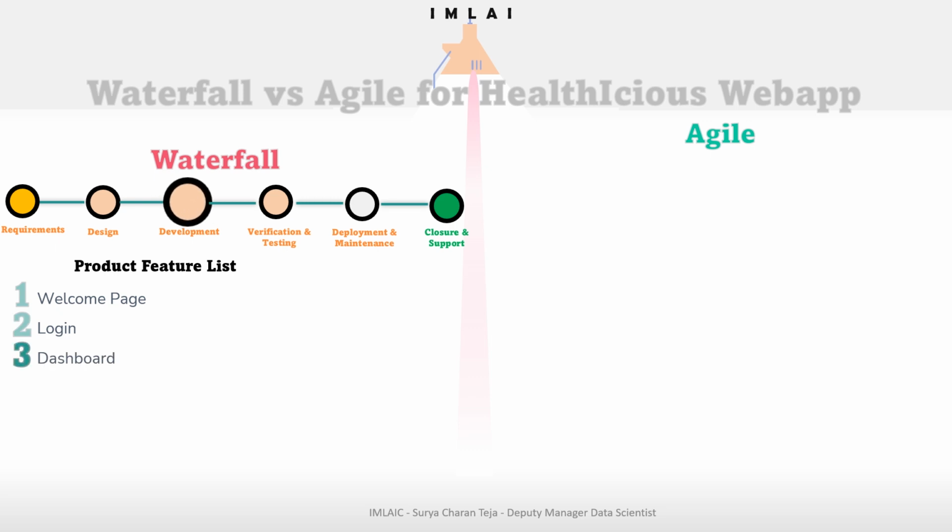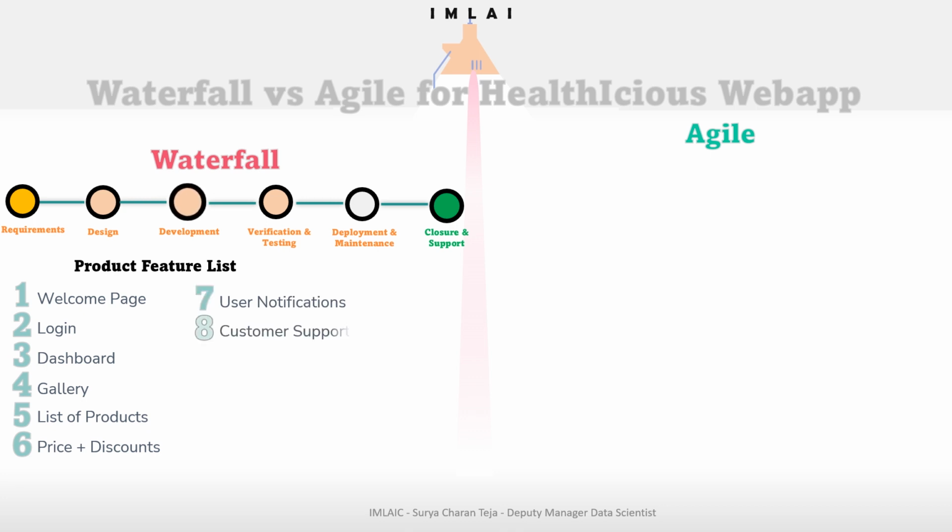Once you log in, you should find a dashboard. Along with the dashboard, you should have a gallery of all your products, that's Healthious company's products. And then the complete list of products, price plus discounts component, user notifications, customer support, a feedback form, and chat.